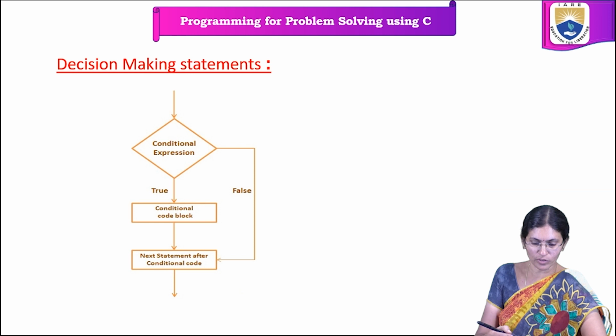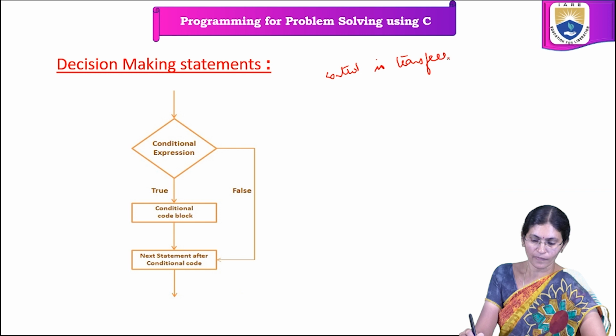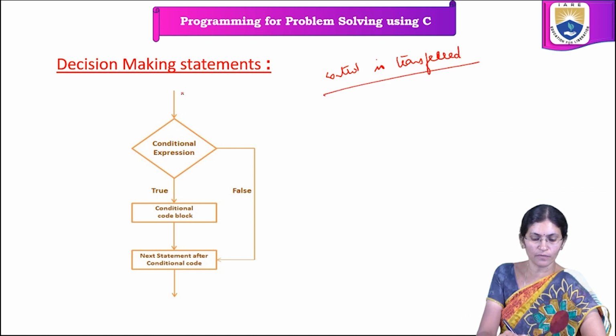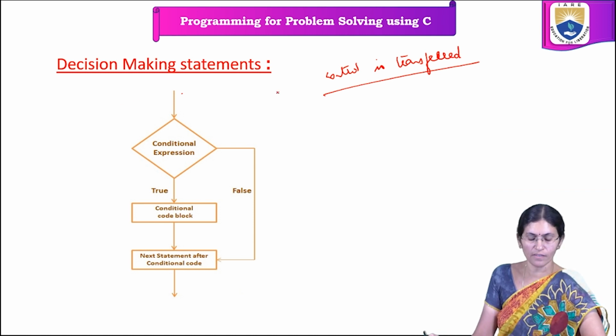So this is the flowchart, or you can say this is the illustration of how the program execution, or how the control, is transferred from one part of the program to another part by means of decision making statements.